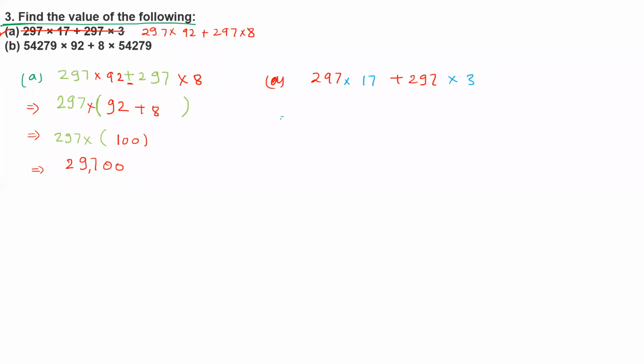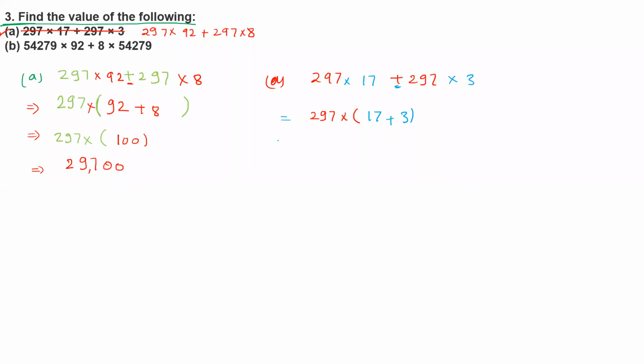So what I will do is take the common number outside the bracket. So 297 I'm writing outside the bracket, and inside the bracket I will write the numbers which are not common, or you can say with blue color. So 17 plus 3.